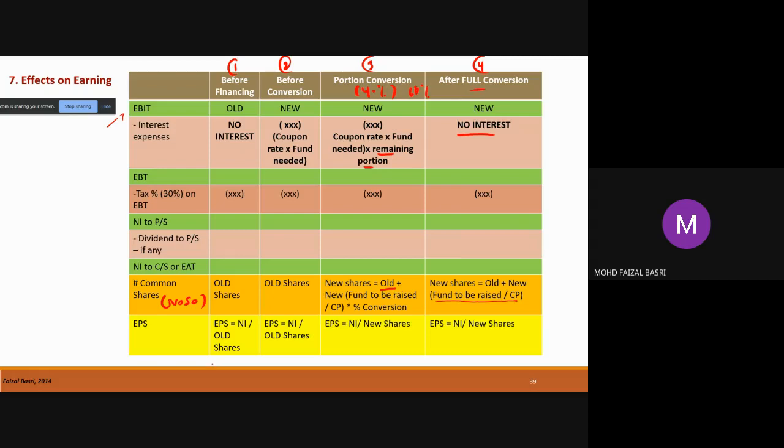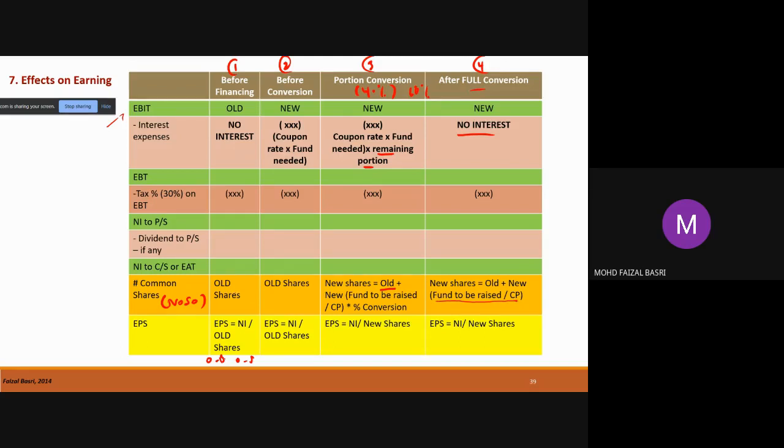macam mana nak tulis kat sini. For before financing, it will be zero bond, okay, zero stocks yang baru. So there's no interest, there's no shares yang baru.